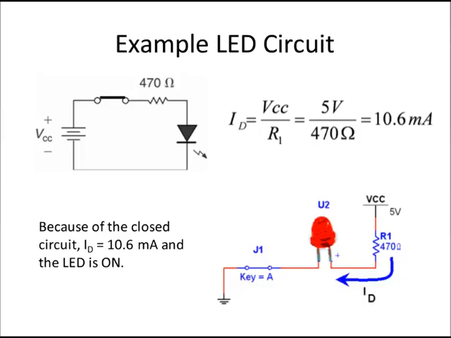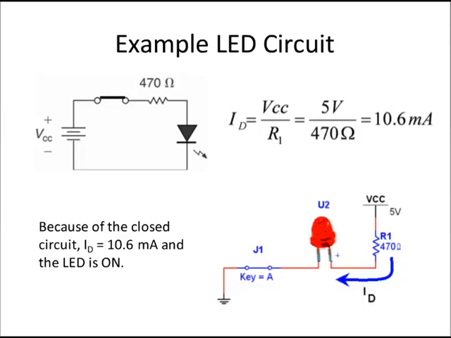In both cases, regardless of the configuration, the current through the diode, which is annotated as ID, is equal to VCC divided by R1. Recall that the purpose of that 470 ohm resistor is to limit the amount of current through the LED. After all, we don't want the LED burning out, but we have to pick the resistance in such a manner that there is sufficient current flowing through the diode so that it illuminates.